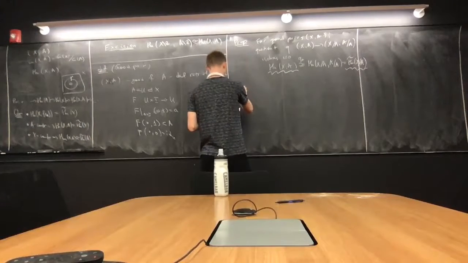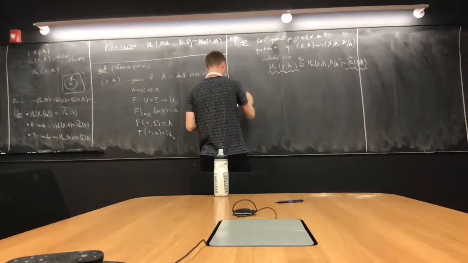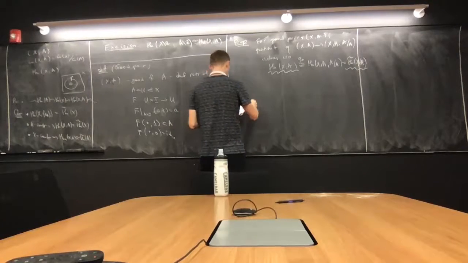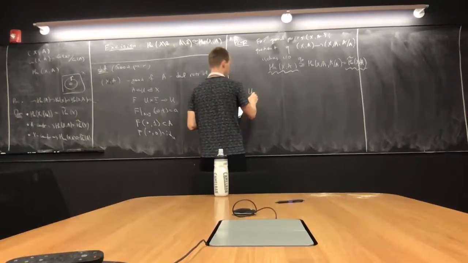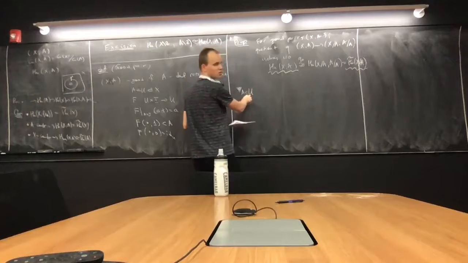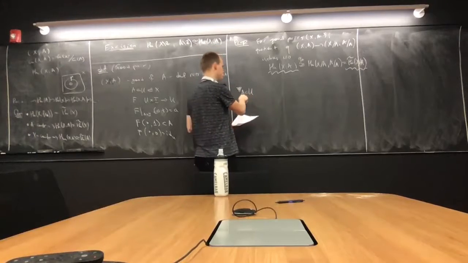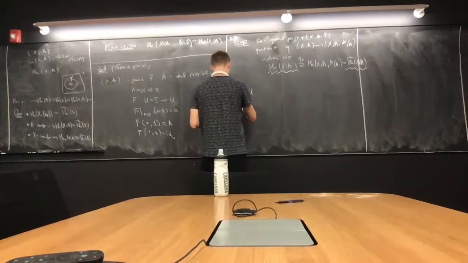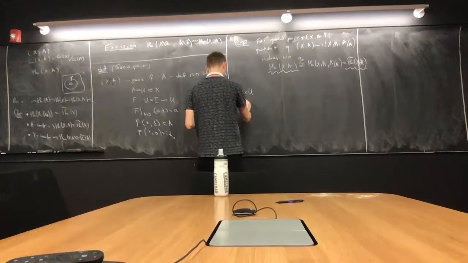So the proof is pretty easy. Let me draw. Let's make U the open set whose deformation retract is A. And then we have this commutative diagram.